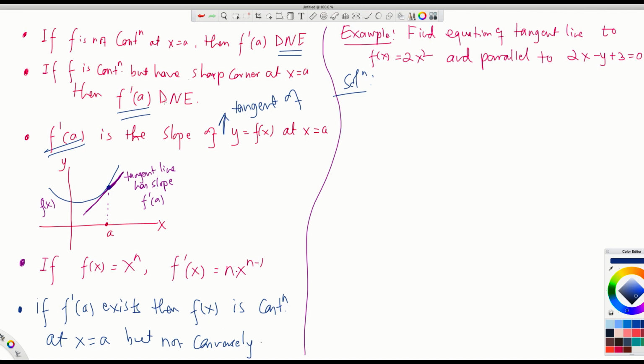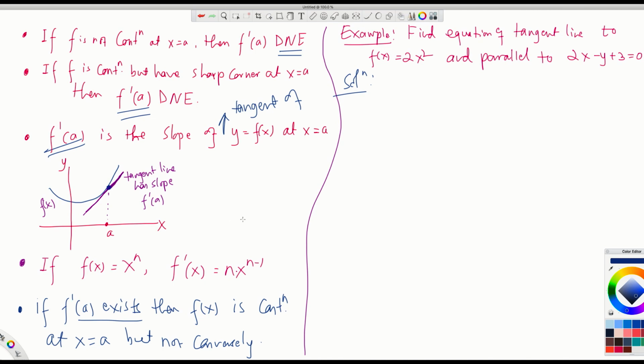That means that we saw that if a function is continuous at a point a but has a sharp corner, then the derivative does not exist at that point. But if the derivative exists at a point, then the function is continuous by default. If the derivative exists, then the function is continuous. But if a function is continuous, that may not imply that the derivative exists because of the case of the sharp corner or the cusp.